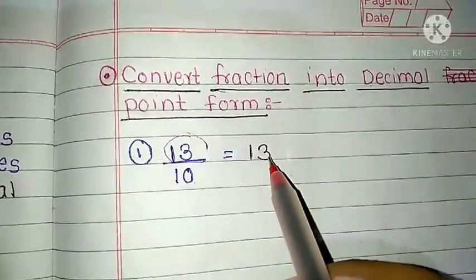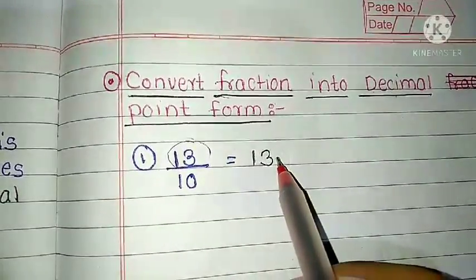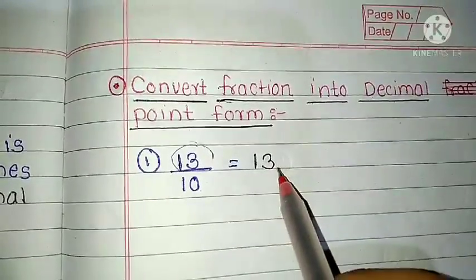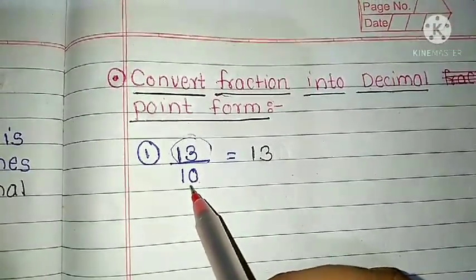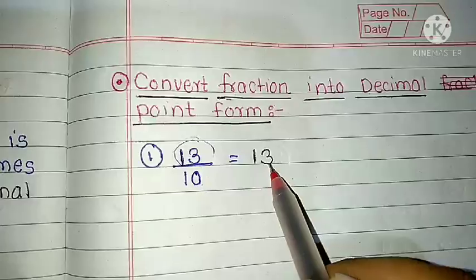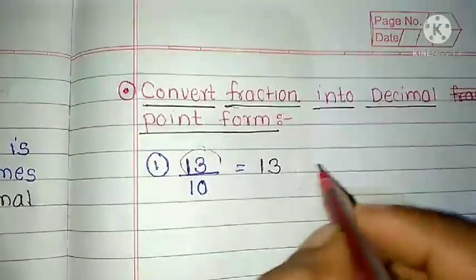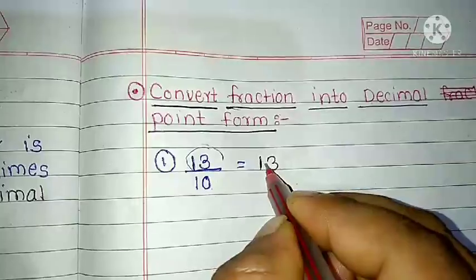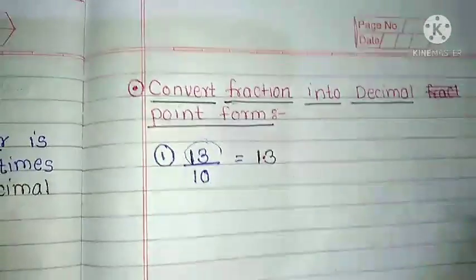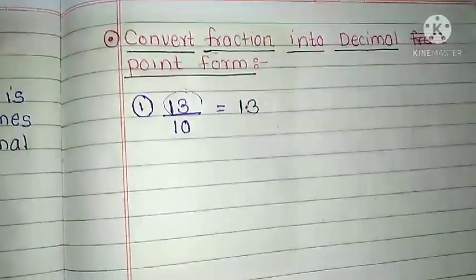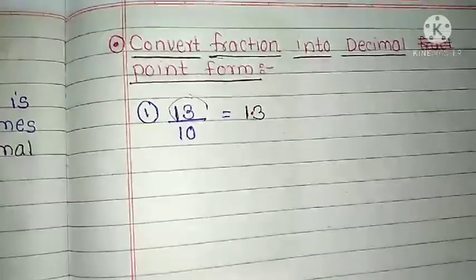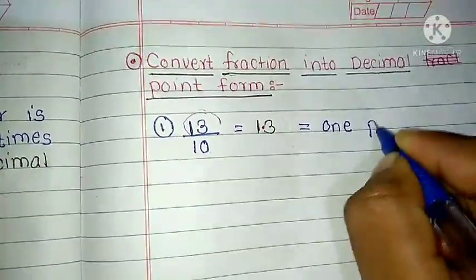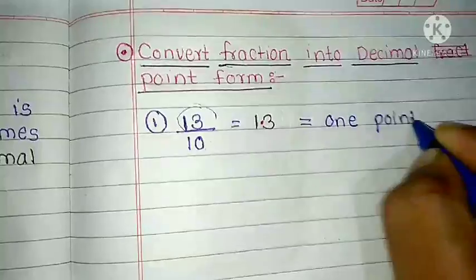Since there is 1 zero, leave one number from the right side, that is 3, and put a point there. So it is 1.3, read as 1.3.